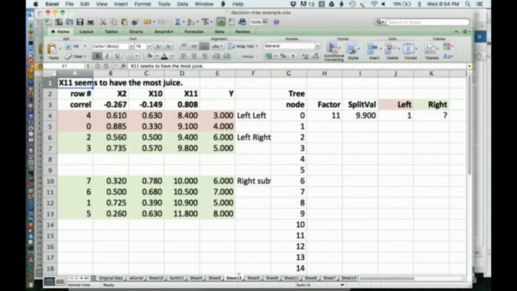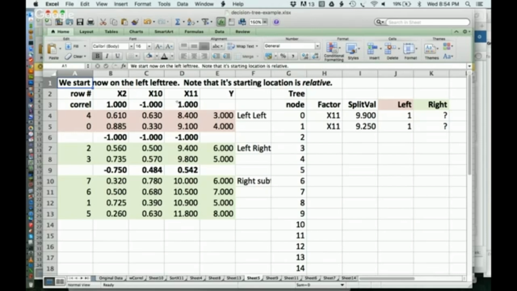So now we've split the data in two, and we're going to compute a left subtree and a right subtree. And again, we need to calculate in each case what is the correlation of each column with our labels Y. And by the way, we've added another row here, which represents that decision node.